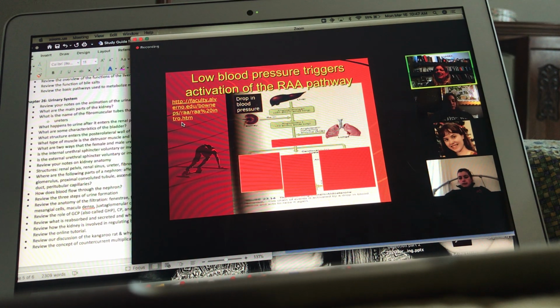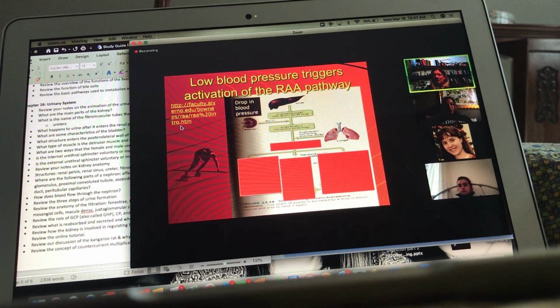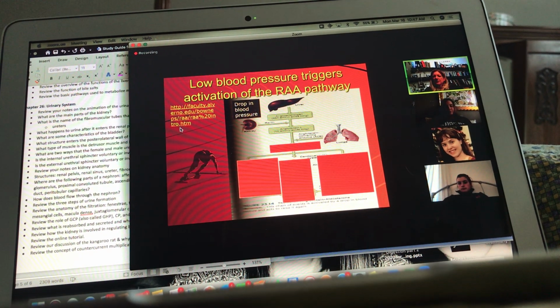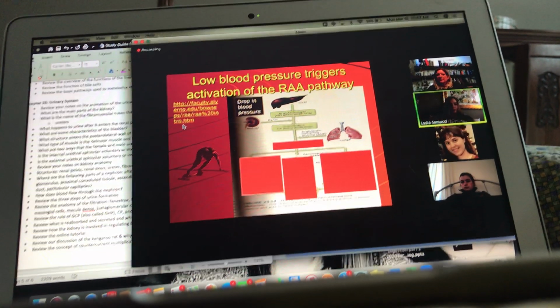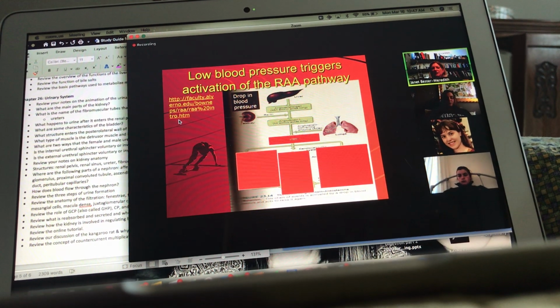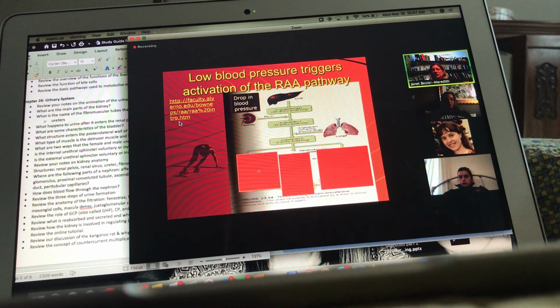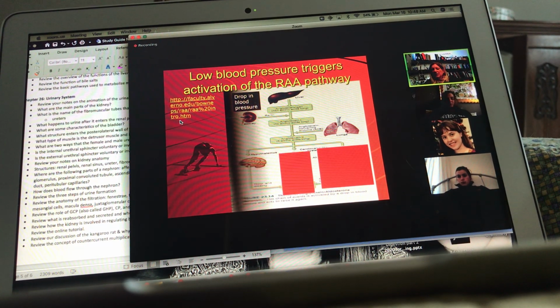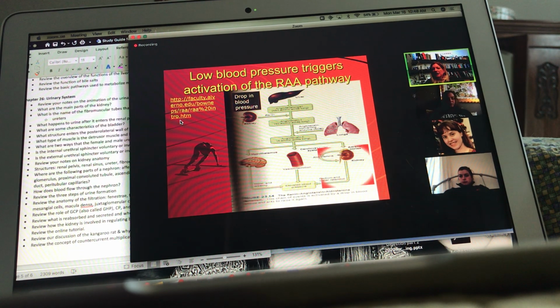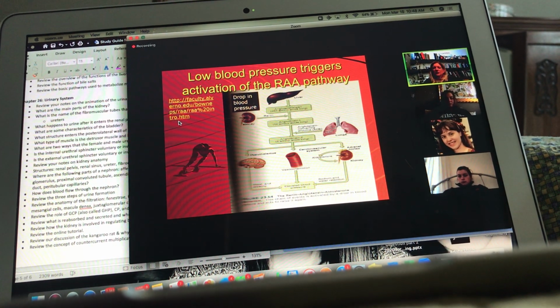You could take an ACE inhibitor. So why would an ACE inhibitor be useful? It'd drop your blood pressure. Right, it would drop your blood pressure. Okay, so this converts angiotensin 1 to angiotensin 2, and then we get the other things. We get the brain, so you get thirsty, you get vasoconstriction, and you get aldosterone being released. And what happens when you release aldosterone?